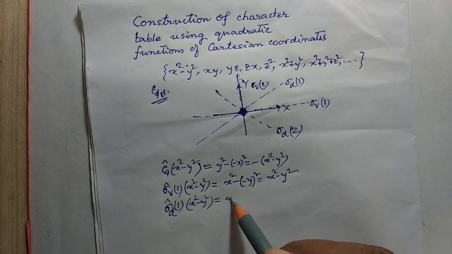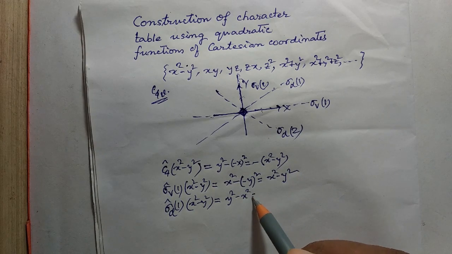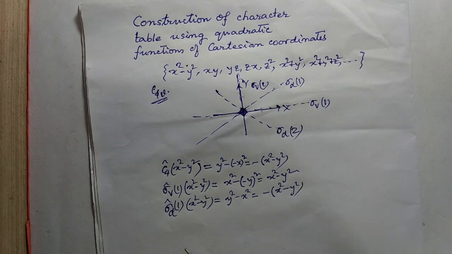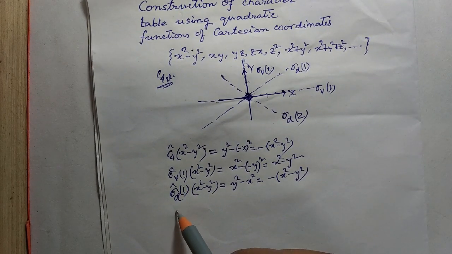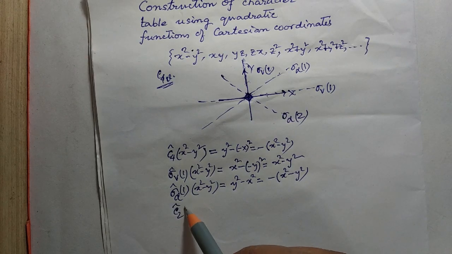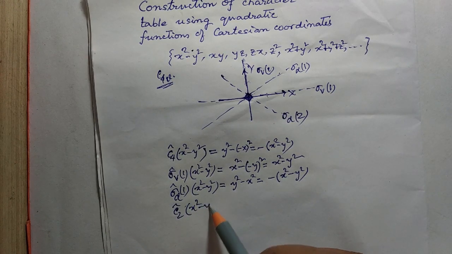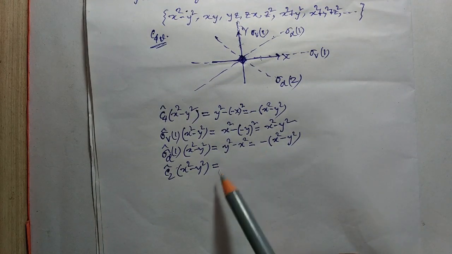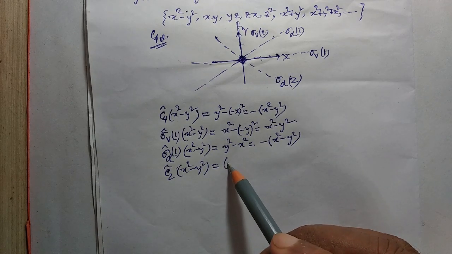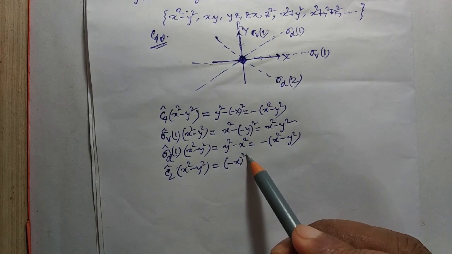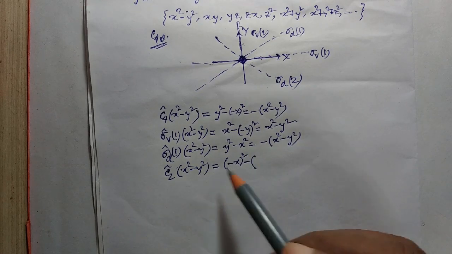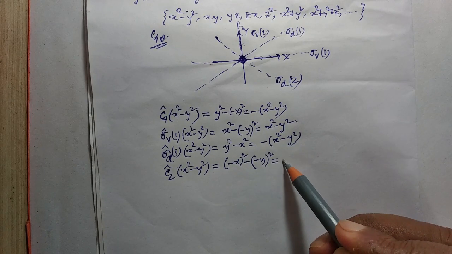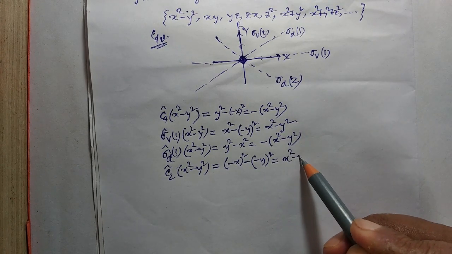Therefore, this becomes y square minus x square. So this is minus x square minus y square. What about the C2 operator? C2 on x square minus y square will give what? X turns into minus x by a 180 rotation. Minus y turns into minus y. So we get the same function back.